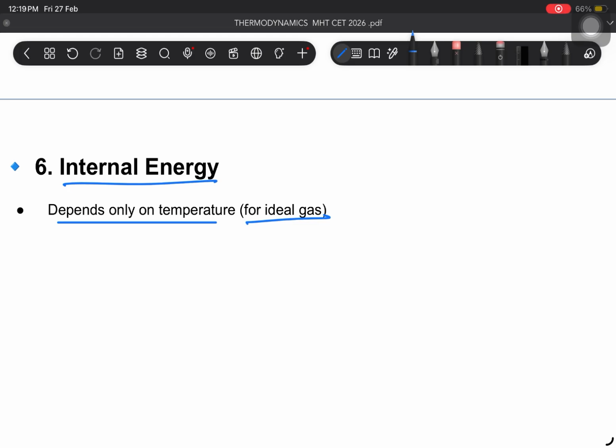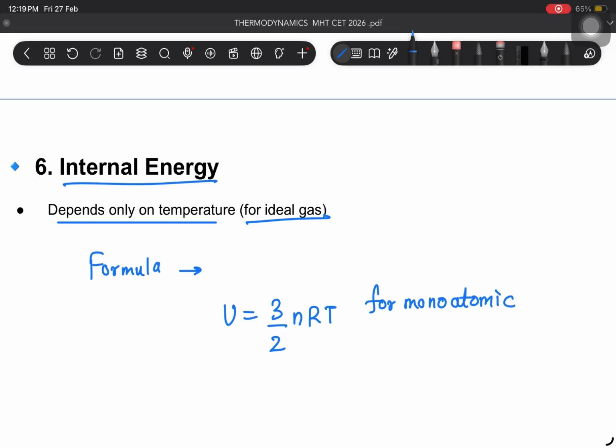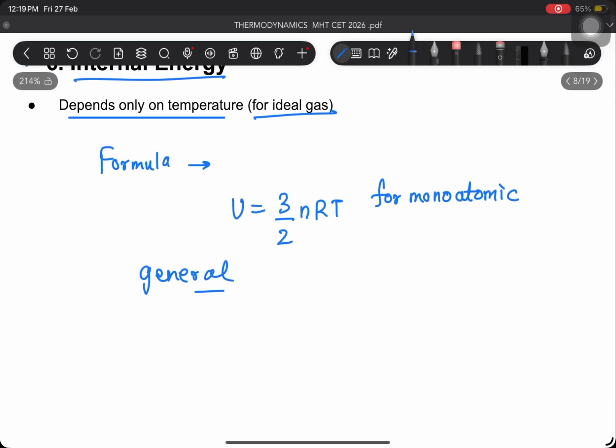Formula: U equals 3/2 RT for monoatomic. In general, U equals f/2 RT.